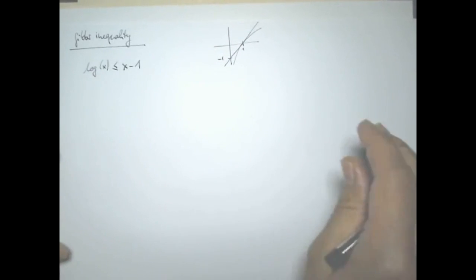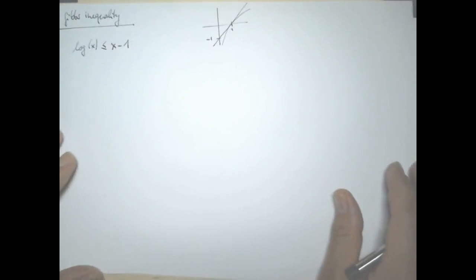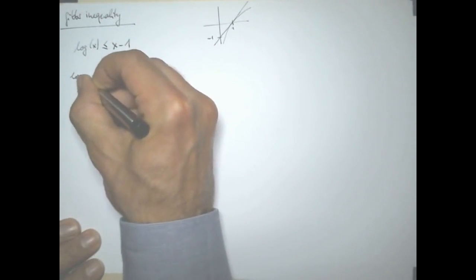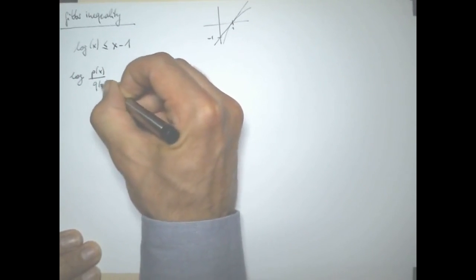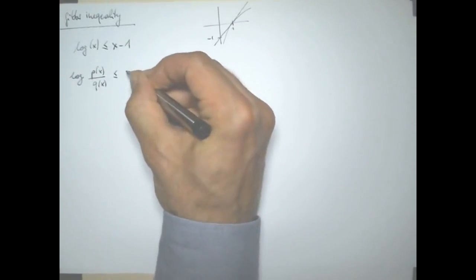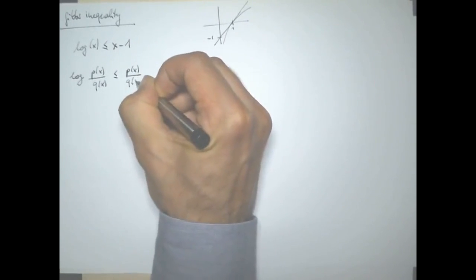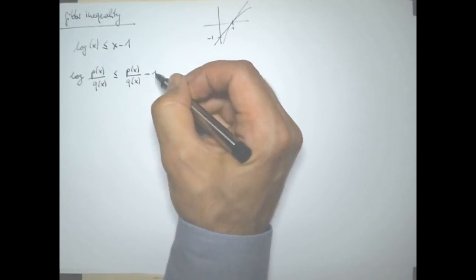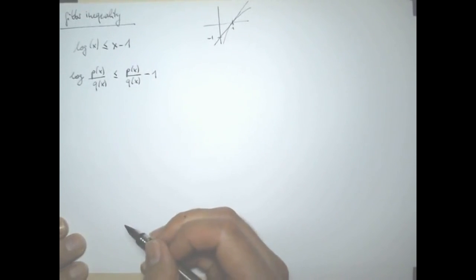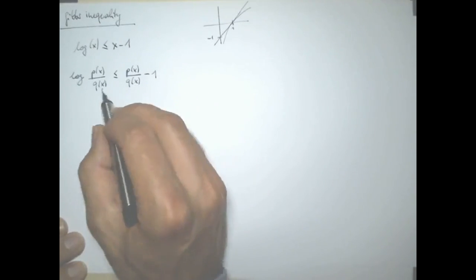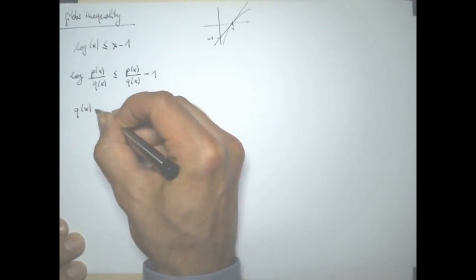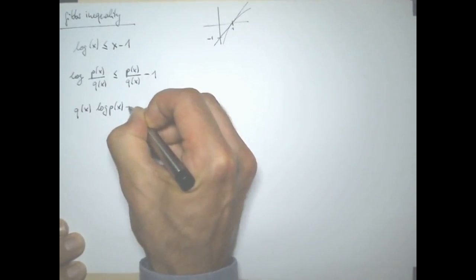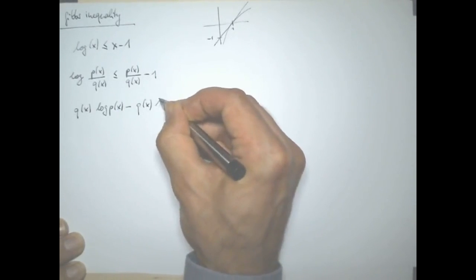And now I can replace x by the ratio of my distributions. So I can write log p of x by q of x. And I can multiply by the non-negative q of x, which will give me q of x log p of x minus q of x log q of x.